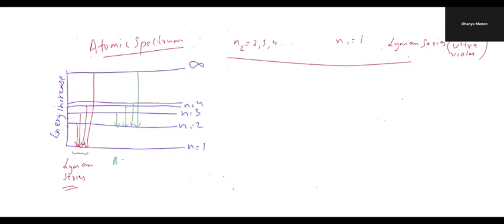So whenever the electron is jumping from a higher energy level, N2 can be 3, 4, 5, etcetera and N1 is 2, we get the Balmer series. And this lies in the visible region.